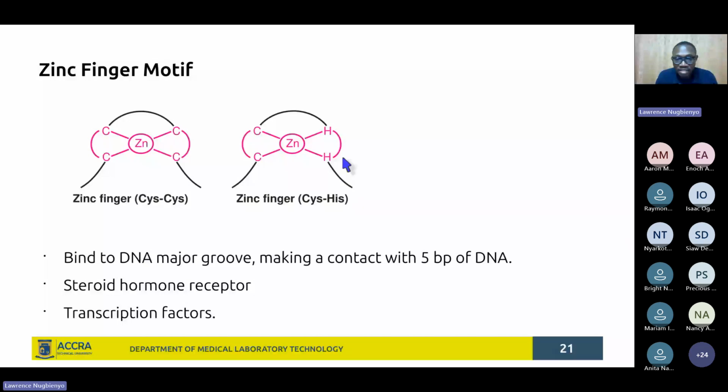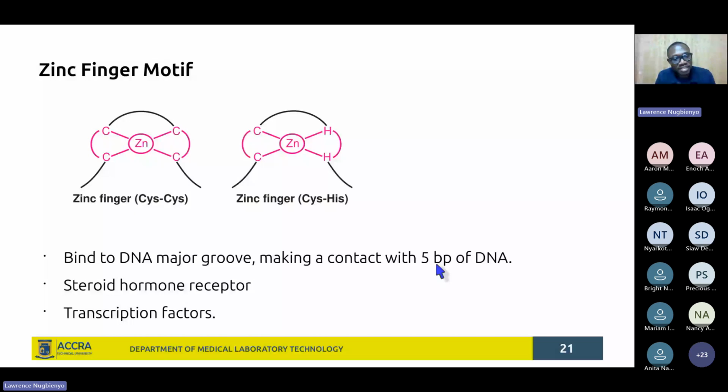And that histidine can have some form of hydrogen bonding between them over there. Now, here it's clear that it binds to the major groove, and the contact they have is with about 5 base pairs in the groove.